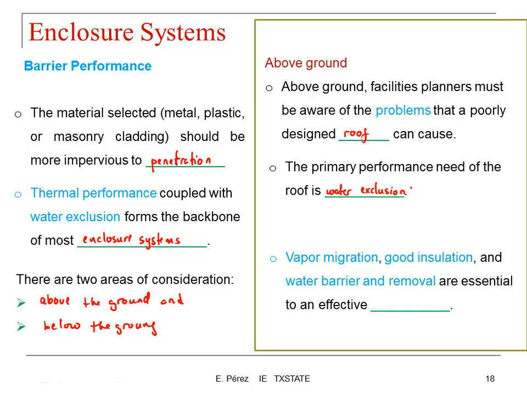So if you let water go into your facility, then you have the problem of creating mold or maybe affecting your production or your products. So by vapor migration, good insulation, and water barrier and removal are essential to an effective roofing system.